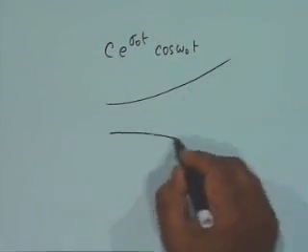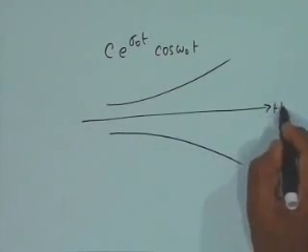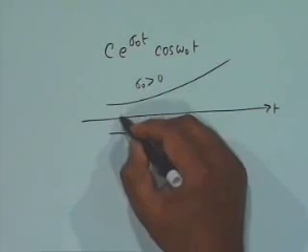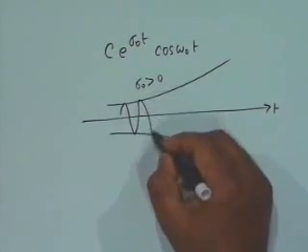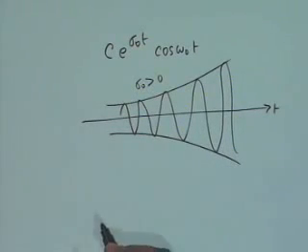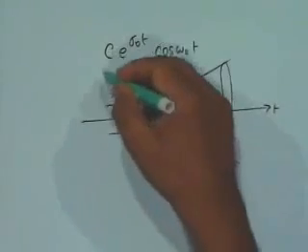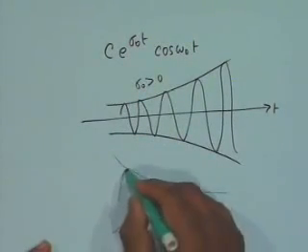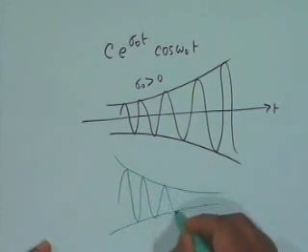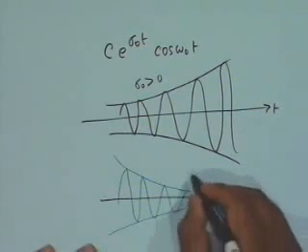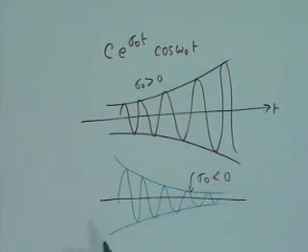Well, as t increases, if sigma 0 is greater than 0, then the plot shall be like this. It will grow with time. The amplitude will grow with time. On the other hand, if sigma 0 is negative, then it will go like this. It would be a decaying sinusoid like this. Sigma 0 is less than 0.